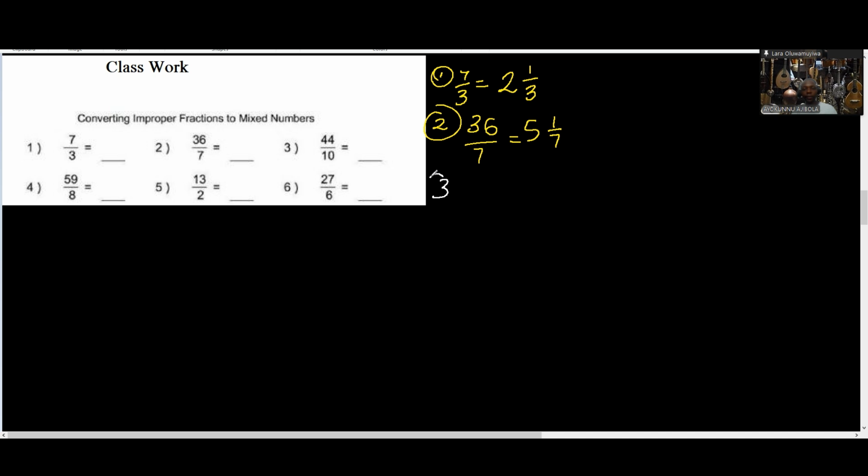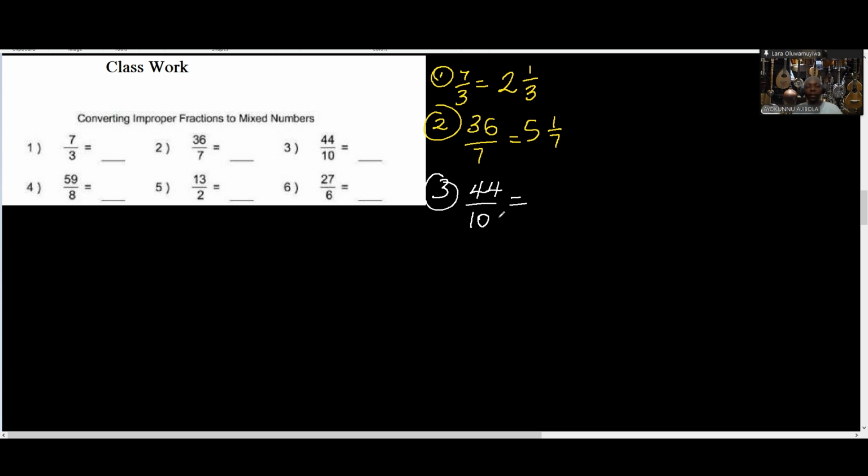Okay, good. Now, 44 over 10. How many 10 can go in 44? Let's count it. 10, 20, 30, 40.